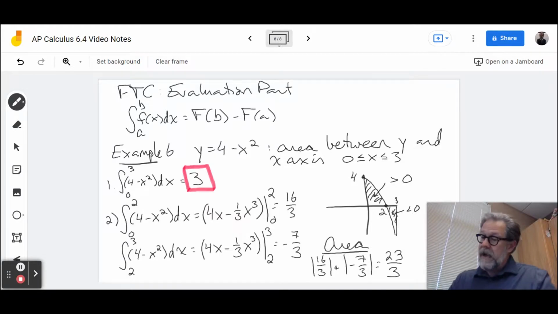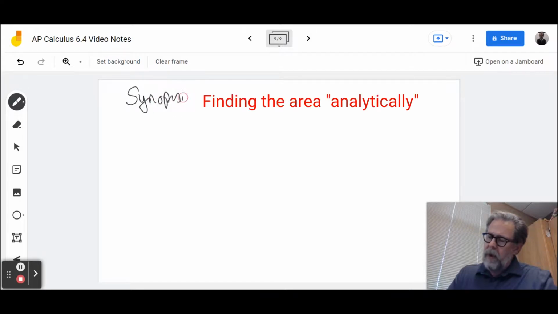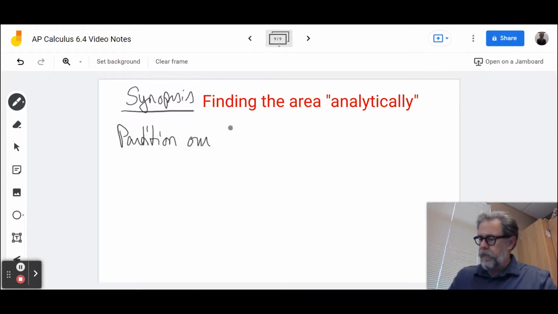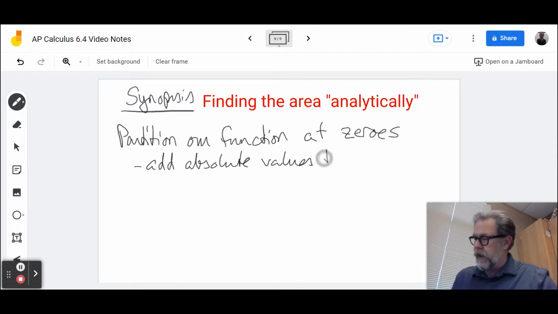Well, there you go. So quick synopsis of what we need to be careful of is that we need to partition our function, and we need to partition it at the zeros so that we can add the absolute values to find area.